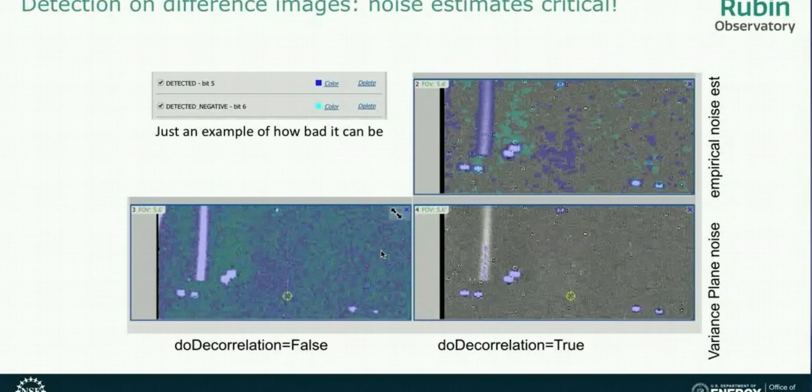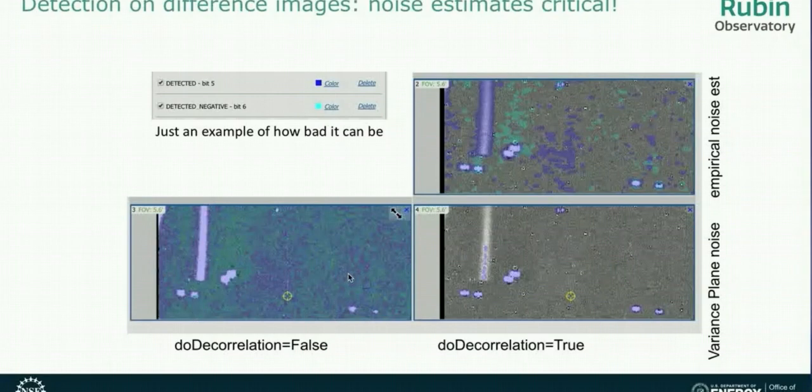Just as an example of this going wrong, this was a one-off experiment that I had done while I was checking a new type of template. The noise is estimated three different ways on these images. Here, the positive detections are shown in dark blue, the negative detections are shown in cyan.